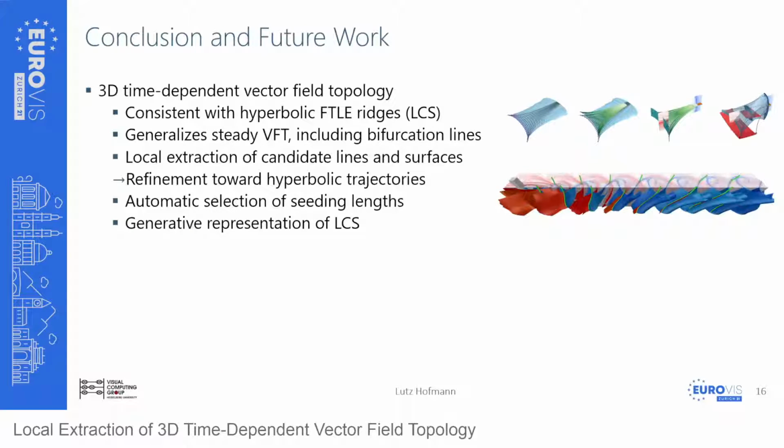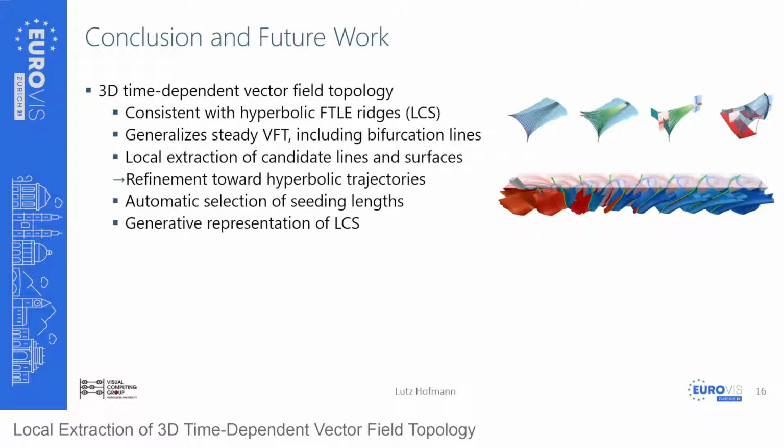This concludes my talk. To summarize, we have presented an approach to 3D time-dependent vector field topology, which is consistent with hyperbolic FTLE ridges, or the LCS. Our approach generalizes steady vector field topology, where we additionally include bifurcation lines.